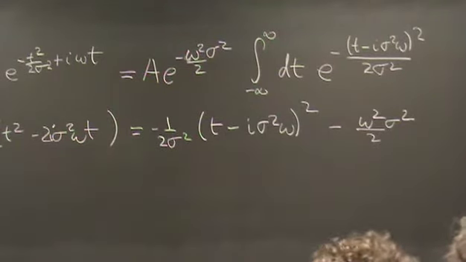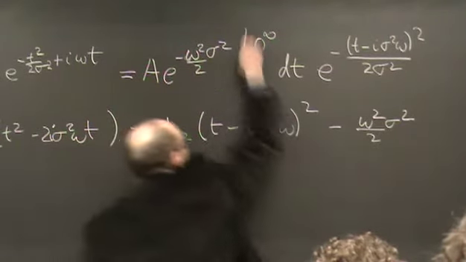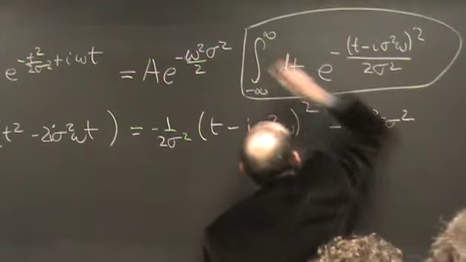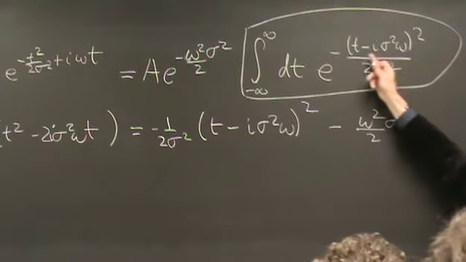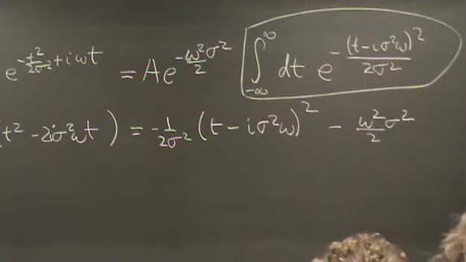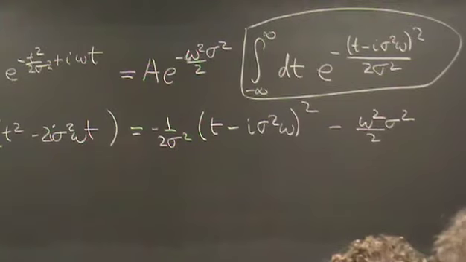Okay? And this integral, well, it's not so obvious you could do that. You'd have to extend it into the complex plane because it's centered at an imaginary number. But actually that doesn't matter.